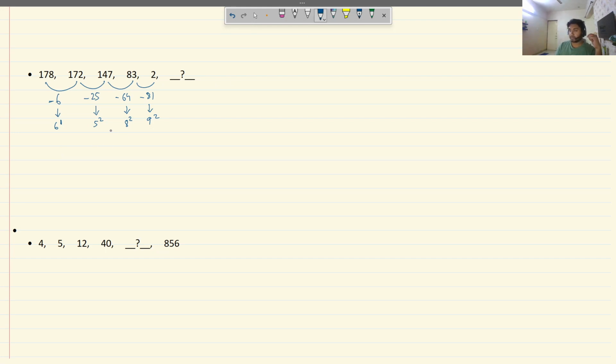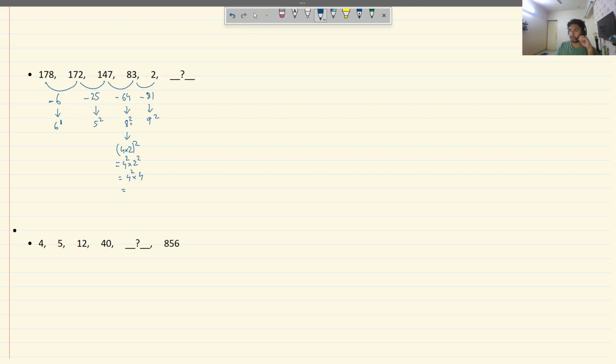Yes, we can write, and we can write 8 square as 4 into 2 square, that is 4 square into 2 square, that is 4 cube.